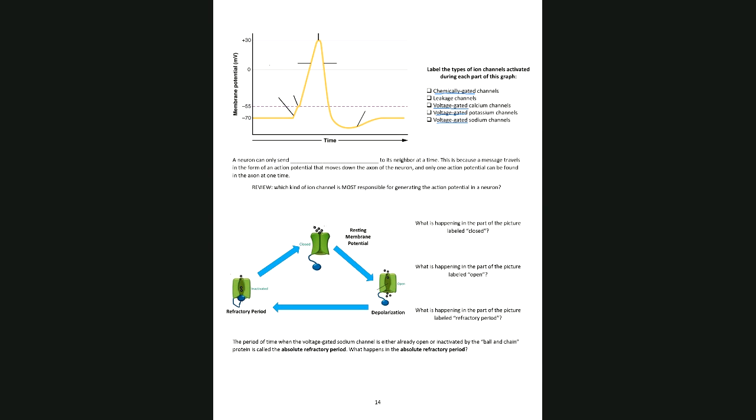In this case, it's a specific chemical, so we open with neurotransmitters, because neurotransmitters are an example of a chemical. So some of the channels on our graph are chemically gated channels, meaning they open up with neurotransmitters. Some of the channels that we're labeling on our graph are voltage-gated channels.